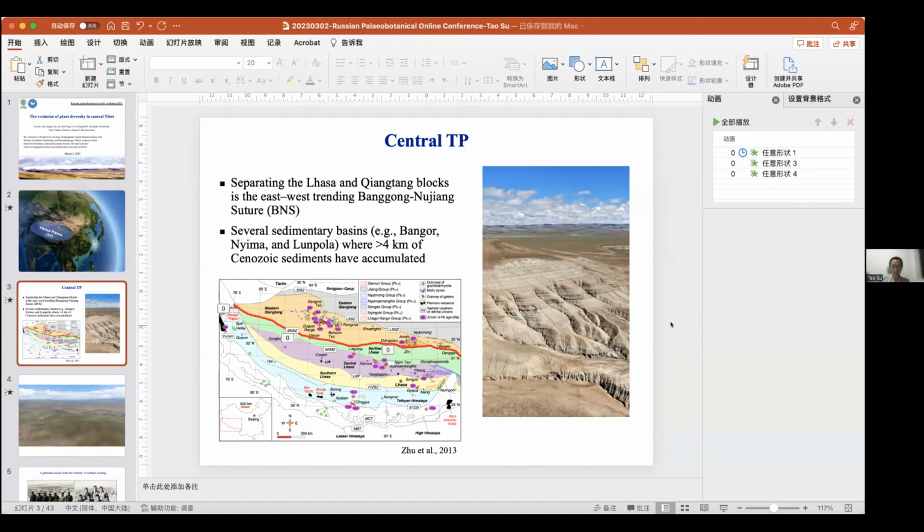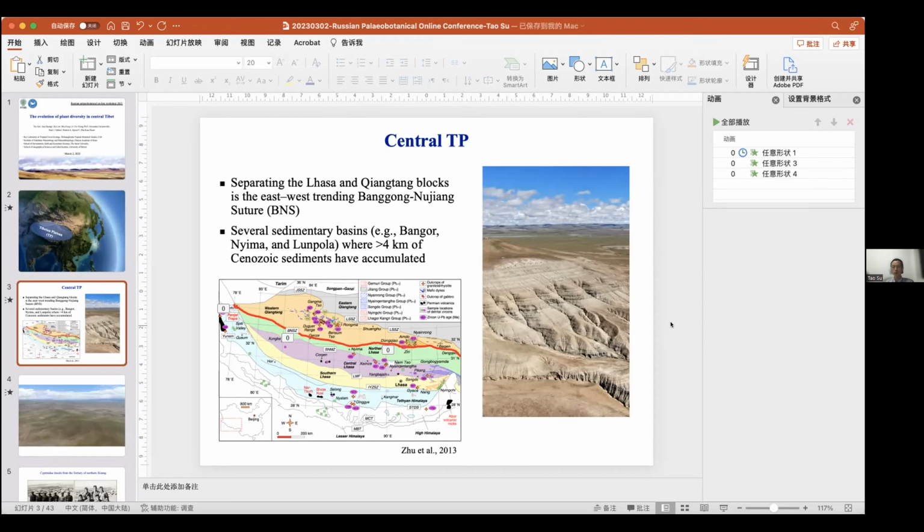Thank you, Lutz. It's a very, very long sediment sequence in the central Tibetan plateau. Actually, the oldest sediment is named the Niubao Formation, from the Paleocene to Eocene.